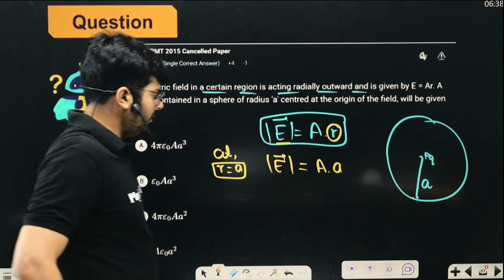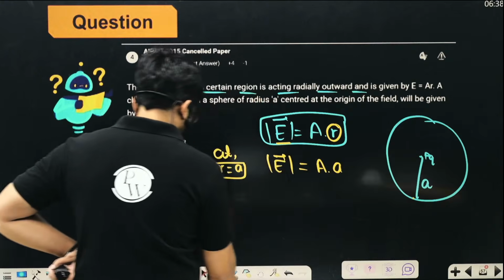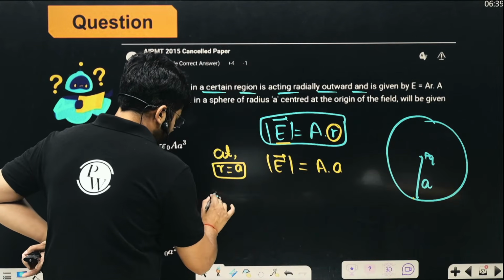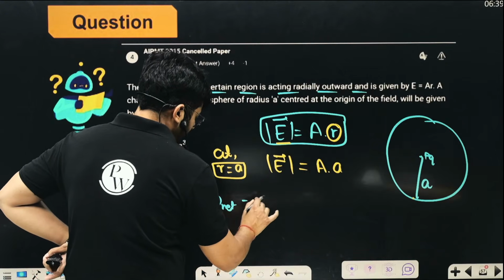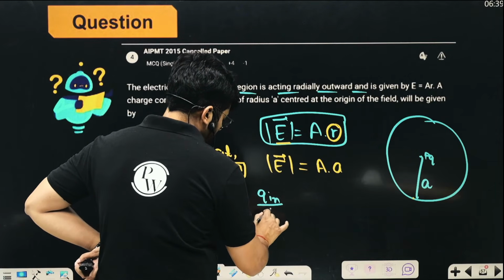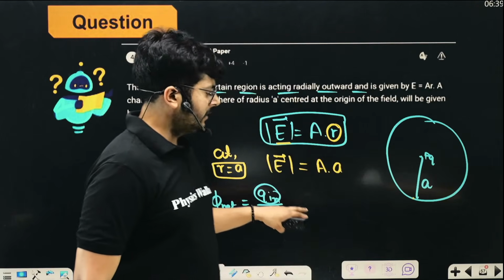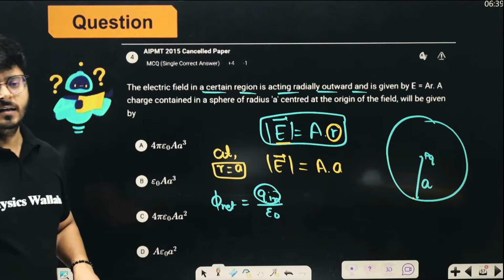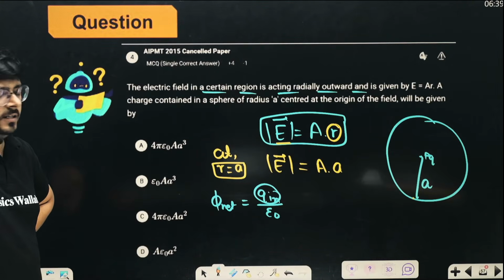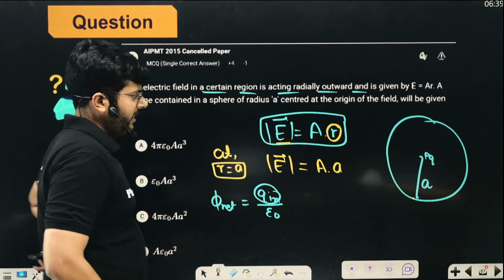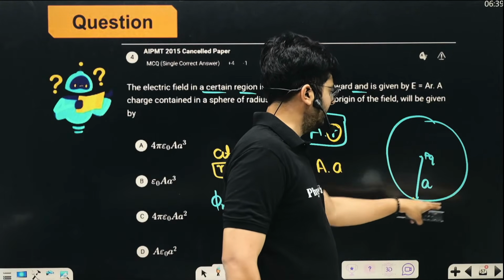Now, from Gauss's law, the net flux is simply the charge enclosed upon epsilon naught. Here you have to find out how much charge is enclosed in this region. This value of Q you have to figure out. And how much flux is associated with the entire surface?